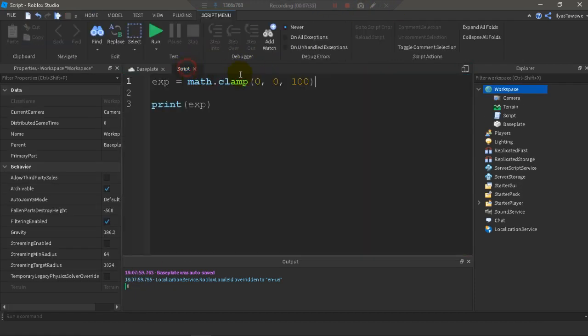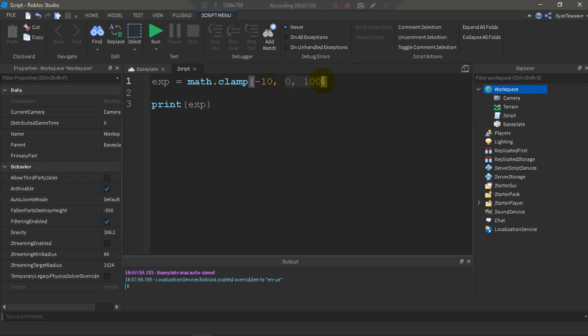Now what if we did minus 10? Normally we should get the minimum value, 0, because we're no longer in the range between 0 and 100.